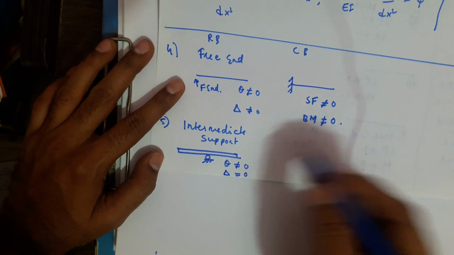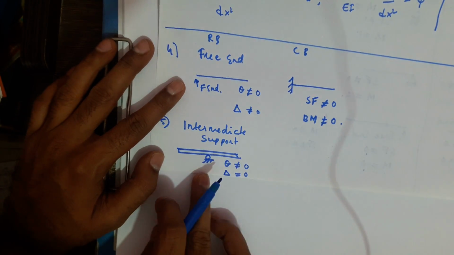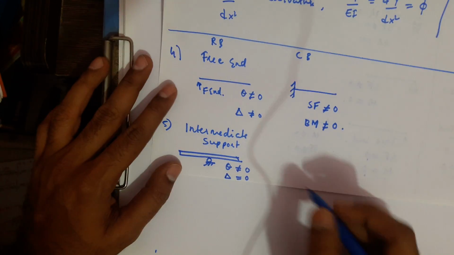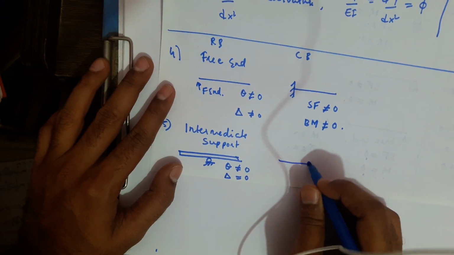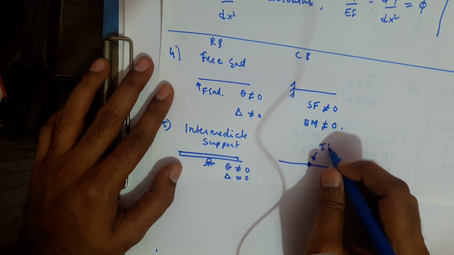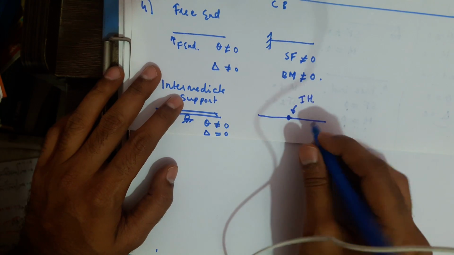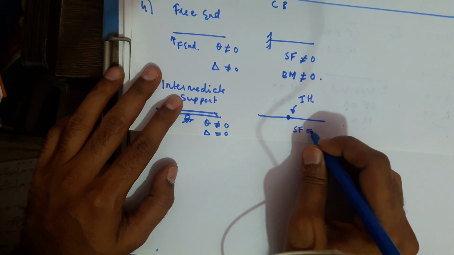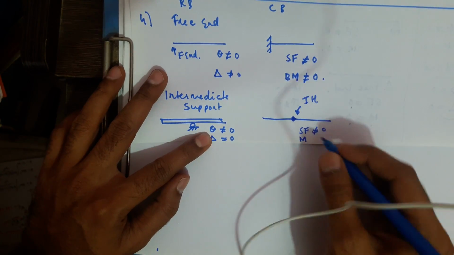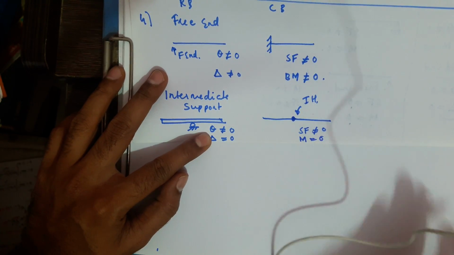So what do we have to provide in the conjugate beam? An intermediate support in the real beam will be equal to an internal hinge in the conjugate beam. At an internal hinge, shear force will not be equal to 0, but bending moment will be equal to 0.